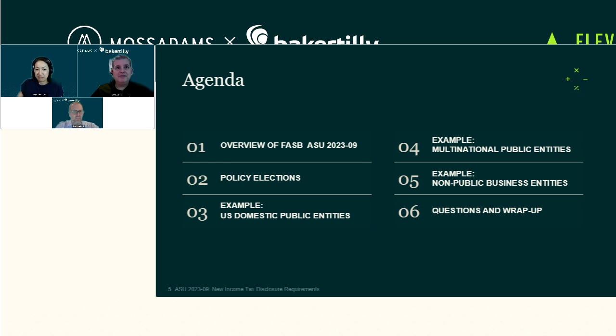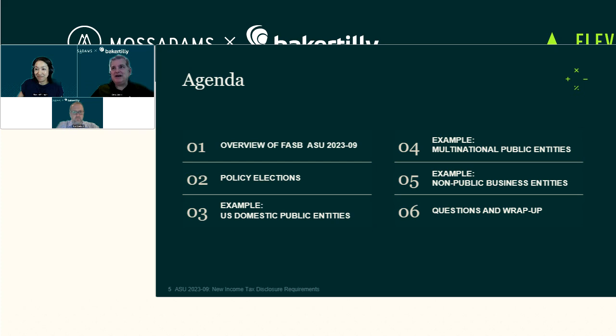Let's see. So we will have our first polling question. How would you describe your organization that you represent? Do you represent a domestic public business entity, a multinational public business entity, a domestic non-public entity, a multinational non-public entity, a public accounting firm, or other?